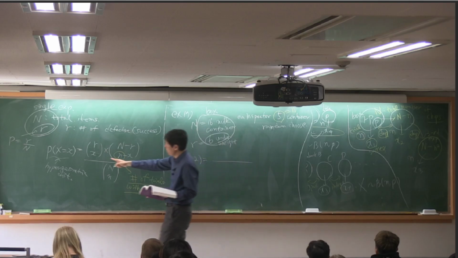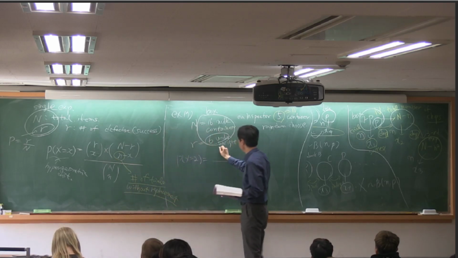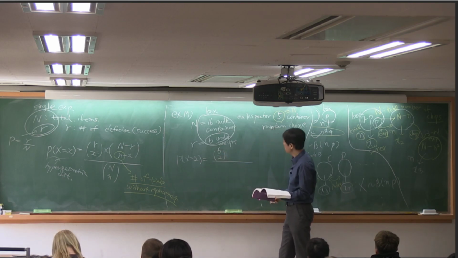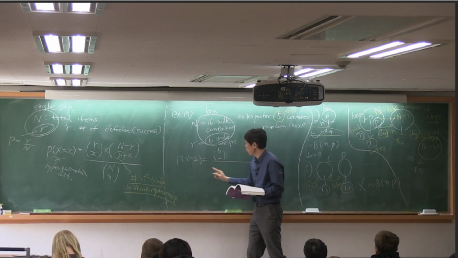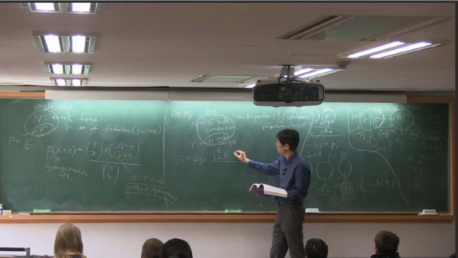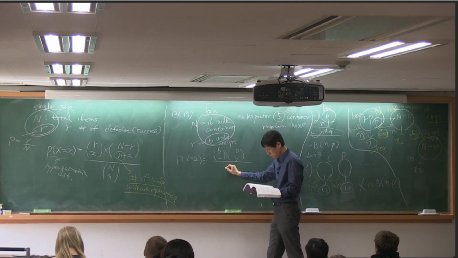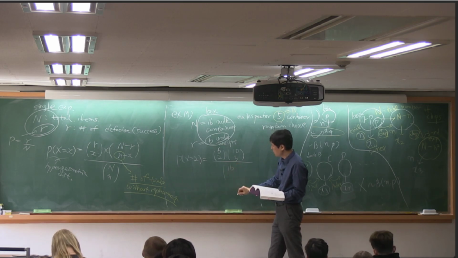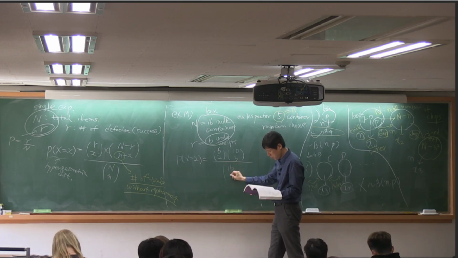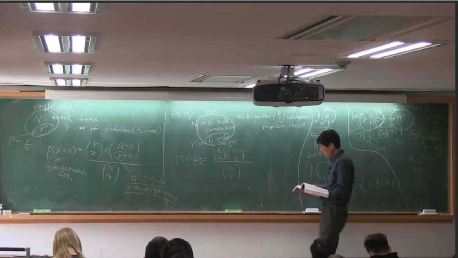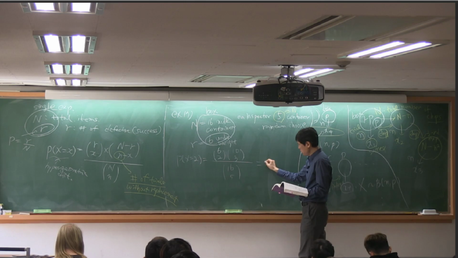If you use this formula, R is 6, the number of successes is 2, N minus R is 10, n minus x is 3, divided by the total N combination number of trials 5. Then this becomes 0.412.